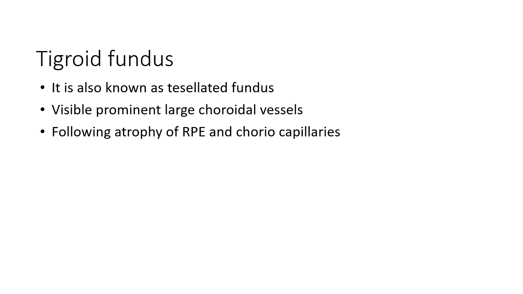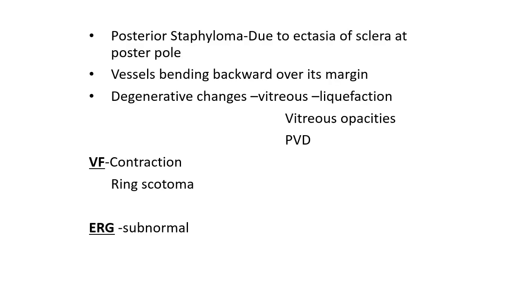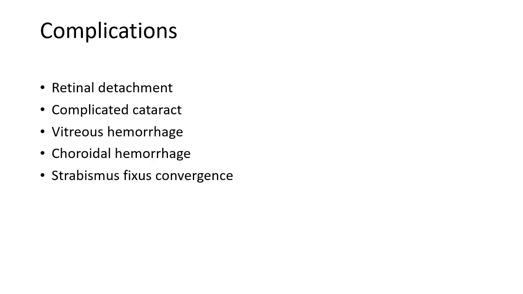There are visible prominent large choroidal vessels following atrophy of retinal pigment epithelium and choriocapillaries. Complications in high myopic patients are retinal detachment, complicated cataract, vitreous hemorrhage, choroidal hemorrhage, strabismus fixus.